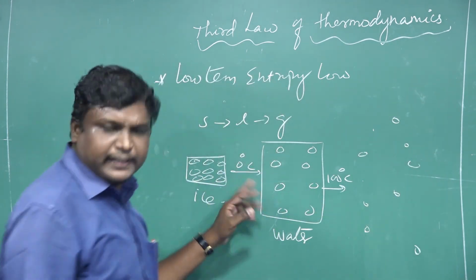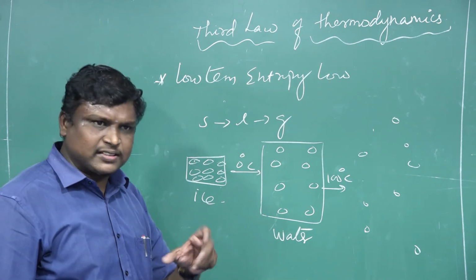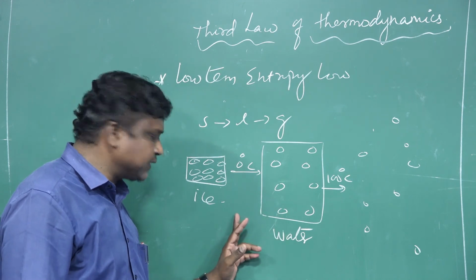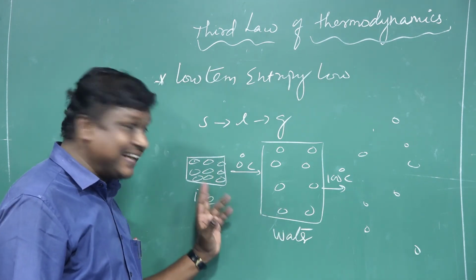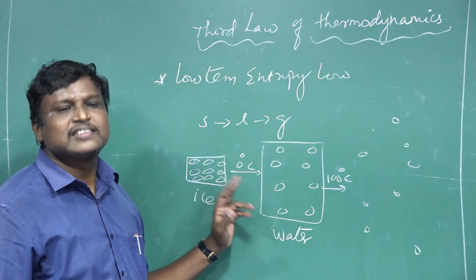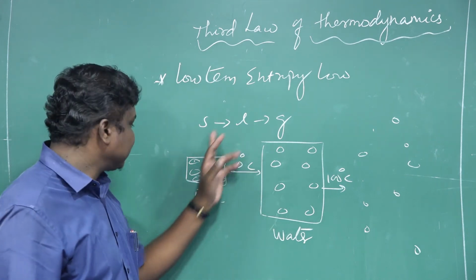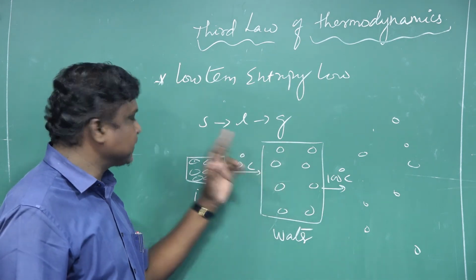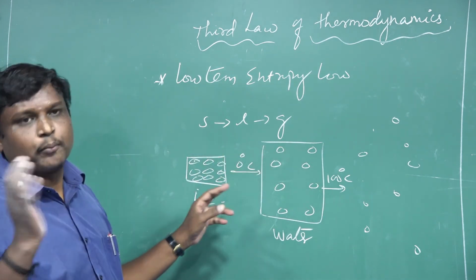So it depends upon the temperature. A perfect crystal forms when the temperature decreases. Below 0 degrees Celsius, water changes to ice; that is freezing, crystalline. Entropy increases at high temperature.